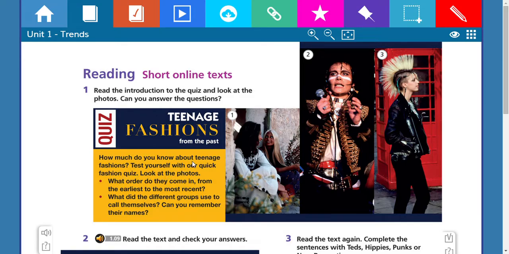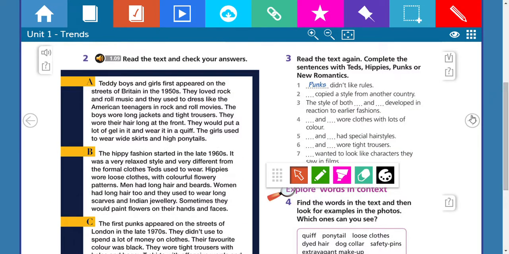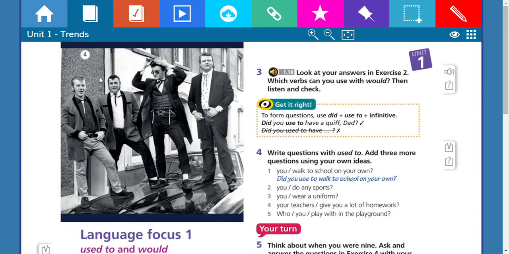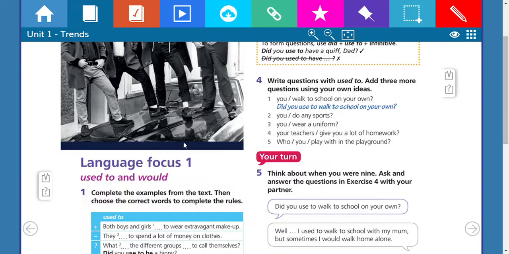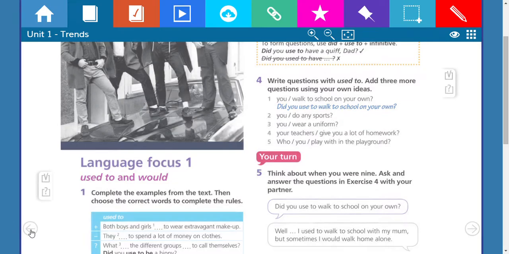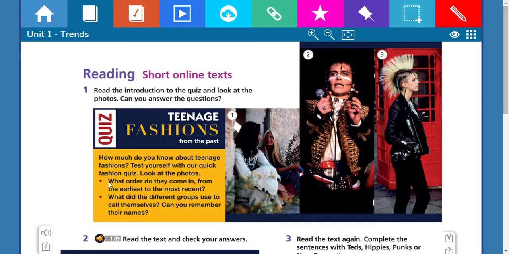Look at the photos. Okay, here we have 1, 2, 3, and there is a picture number 4. What order do they come in? From the earliest to the most recent.